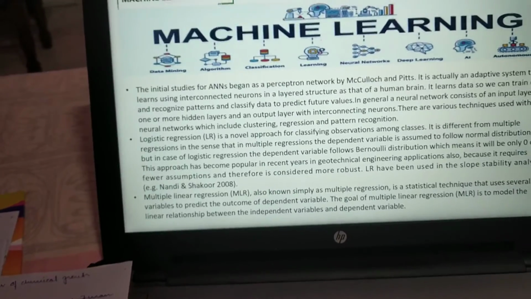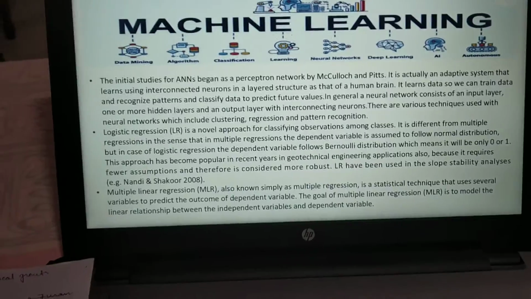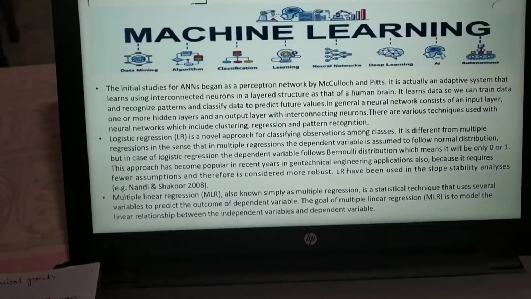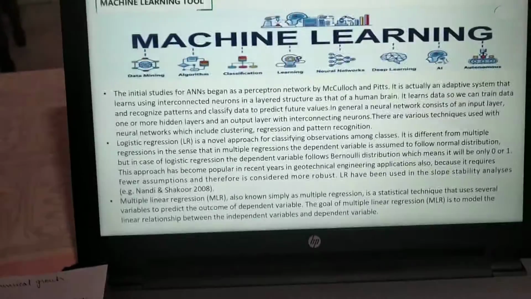Now coming to logistic regression, it is a part of a multivariable regression analysis and is one of the most novel approaches which have been used for classifying observations among the classes.